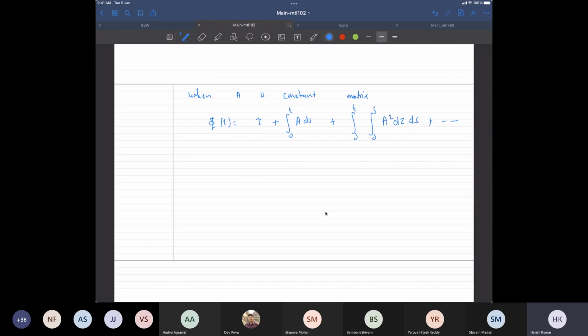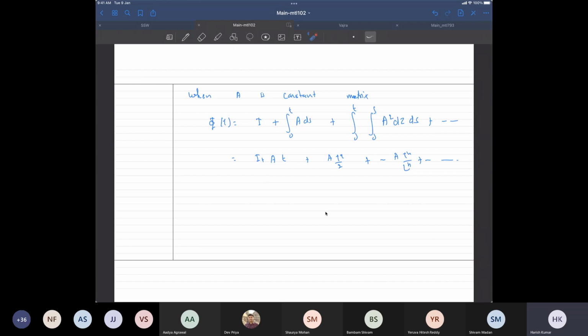In every next term you have one additional integral. Now because A is constant, you can take A out, so you get A t plus A squared t squared by 2, and similarly you get A^n t^n by n factorial plus something like this.